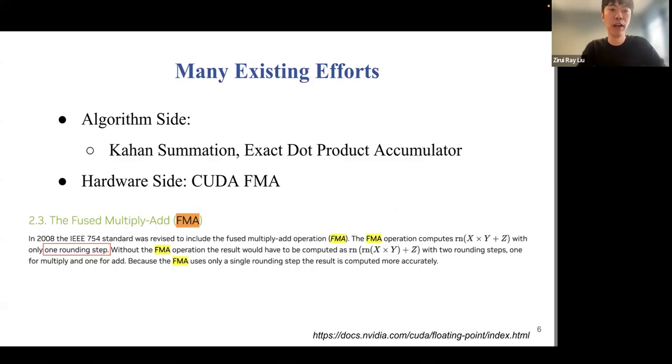One of the most famous is Kahan summation, where you use an error compensator to compensate the error accumulation. Another is the exact dot product accumulator. The high-level idea is that you use a very high precision internal accumulator to accumulate the intermediate results and finally convert it back to low precision.